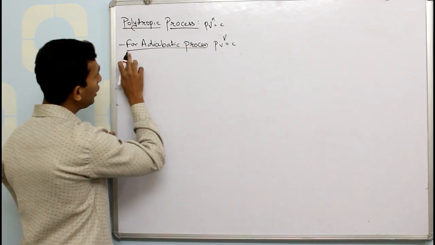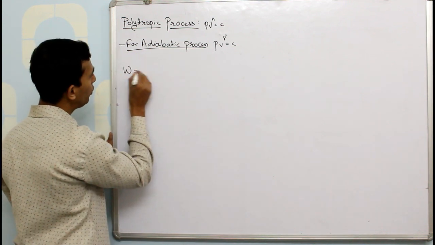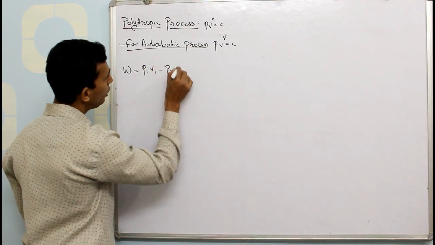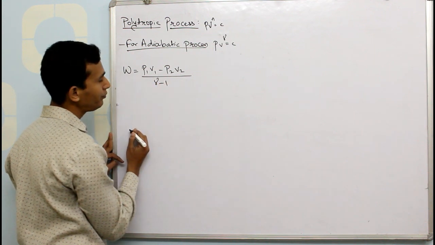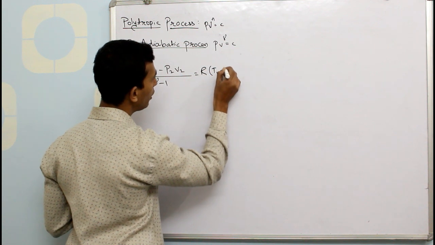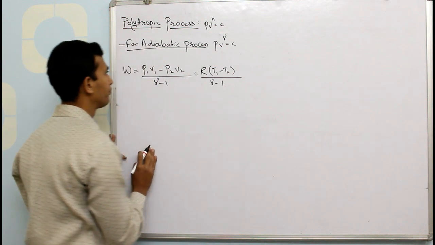In our previous video, for an adiabatic process, we have calculated the value of W, which was given by P1V1 minus P2V2 divided by gamma minus 1, which can also be written as R into bracket T1 minus T2 divided by gamma minus 1.